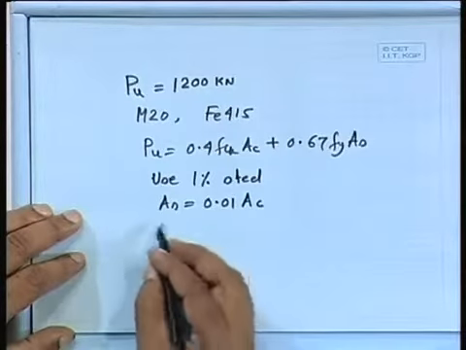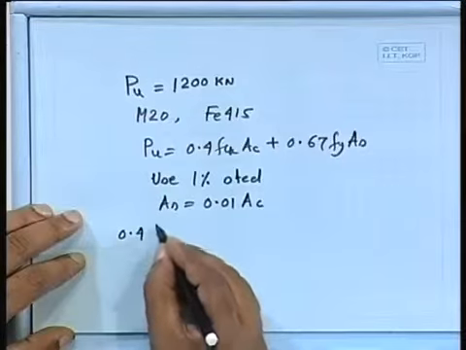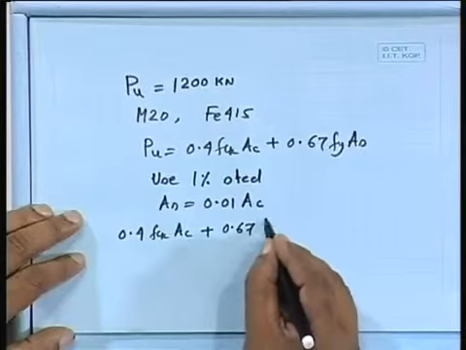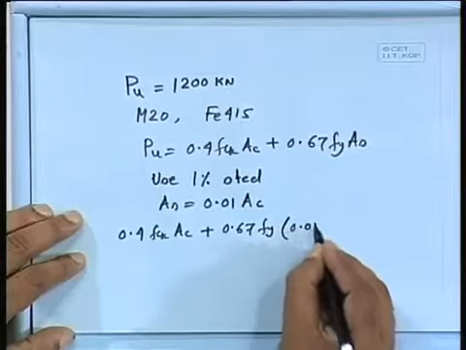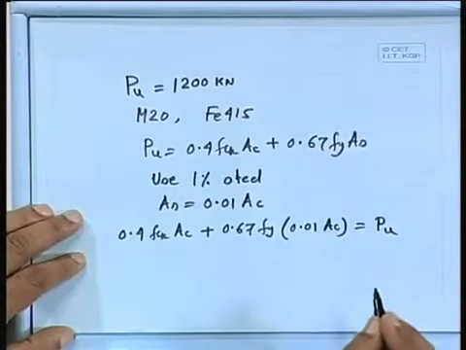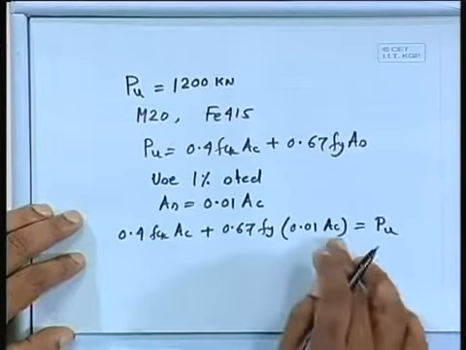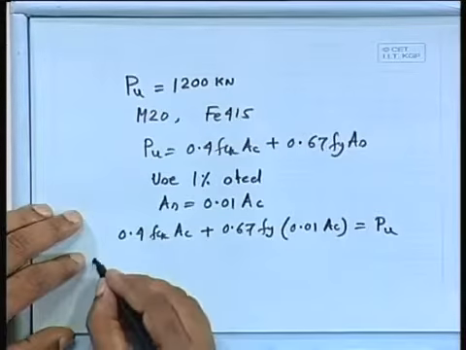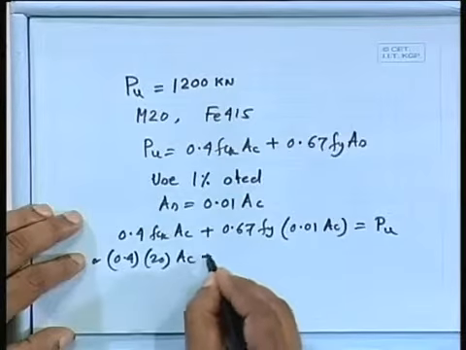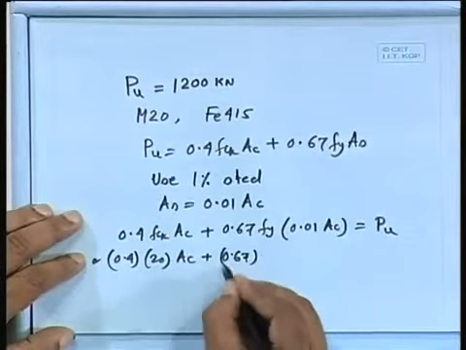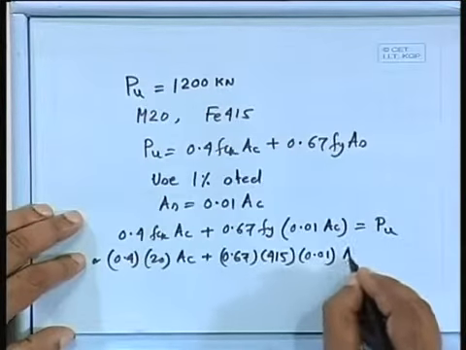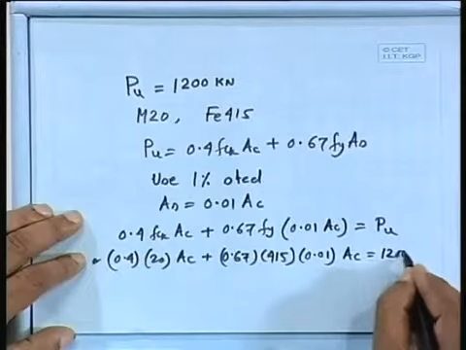We can write 0.4 FCK AC plus 0.67 FY times 0.01 AC equal to PU. Because I can now calculate AC: 0.4 times 20 times AC plus 0.67 times 415 times 0.01 AC equal to 1200 into 10 to the power 3.